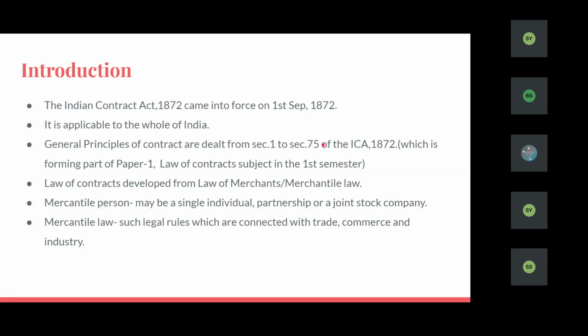After the 75th section, the other sections form part of your syllabus in the next semester. Law of contracts 2 you will be dealing with in the second semester.